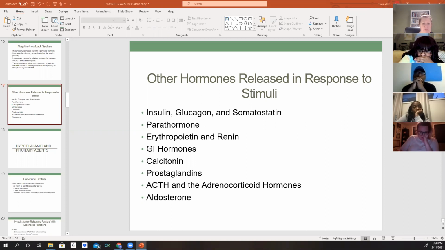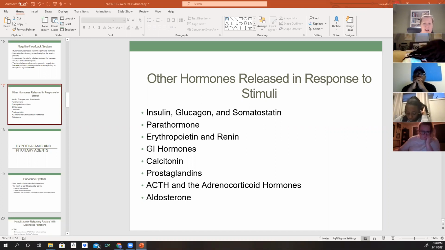The thyroid gland produces and secretes other hormones called calcitonin. That's going to come in direct response to serum calcium levels in our body. Prostaglandins are released throughout the body in response to local stimuli in the tissues that produce them.